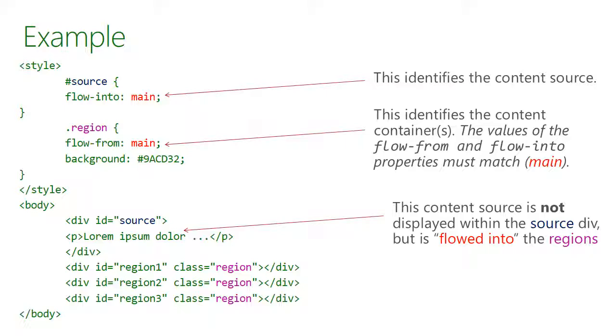Flow from main in the region class identifies the content containers. Notice that the values of the flow from and flow into properties must match. Notice also that the content source is not displayed within the source div, but is flowed into the regions.